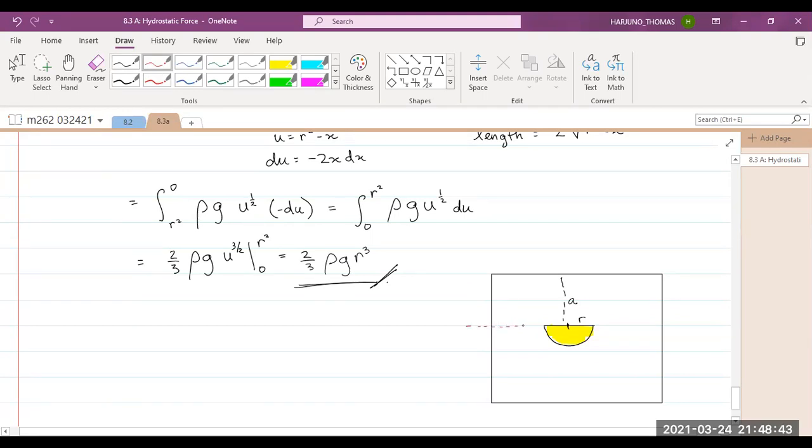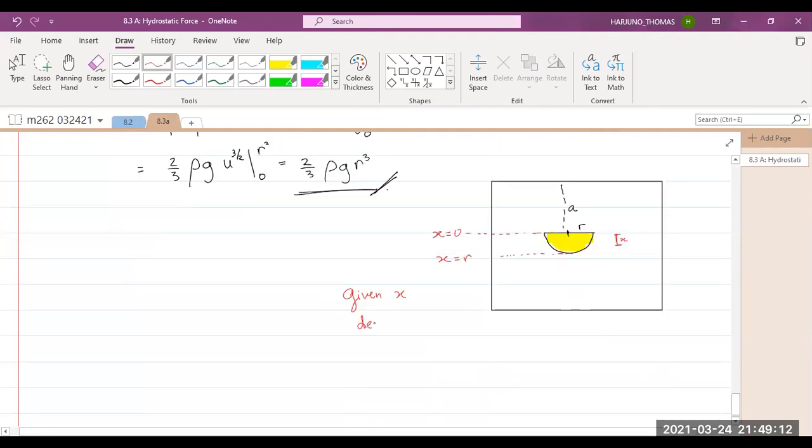This is our point of reference. Call this x equals 0. So with this window, with that semicircle, it goes to r. Now when this is x, given x, can you tell me what's the depth? How deep is it if the surface of the water is here?